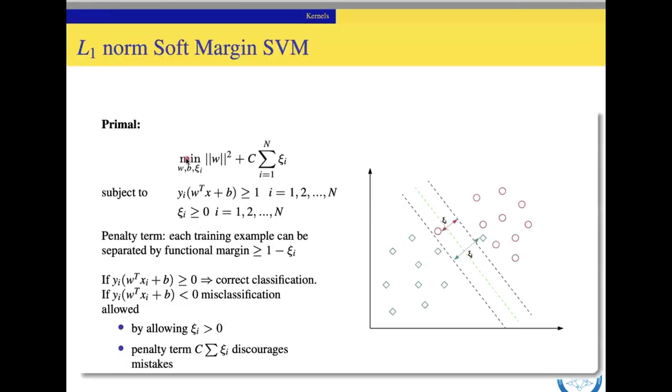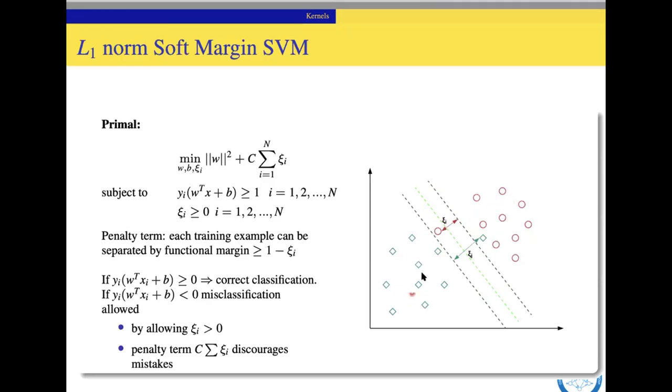Now, so far we've been talking about linearly separable data, but most of our data is not linearly separable. How do you solve this? We use the soft margin SVM. This is our optimal separating hyperplane, and this is our data.